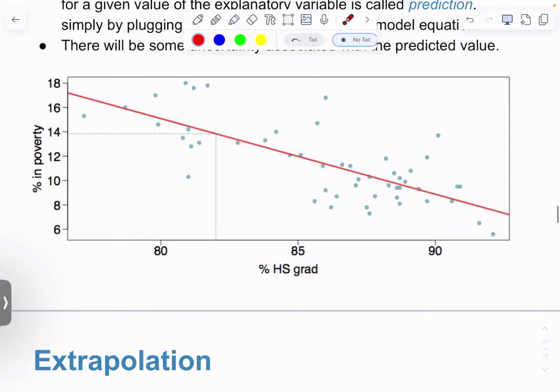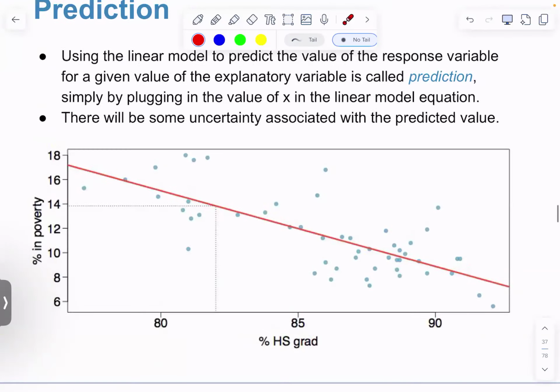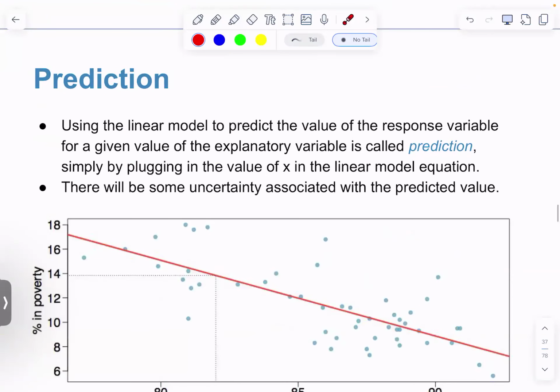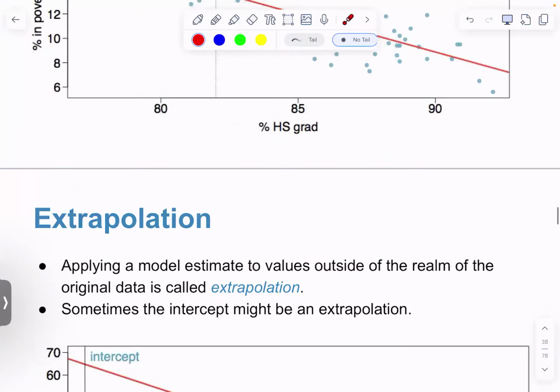Now, we already know how, but you can use the line to make a prediction, right? Y hat is the predicted value of Y. So once you have your regression line, then you can use it to make a prediction.